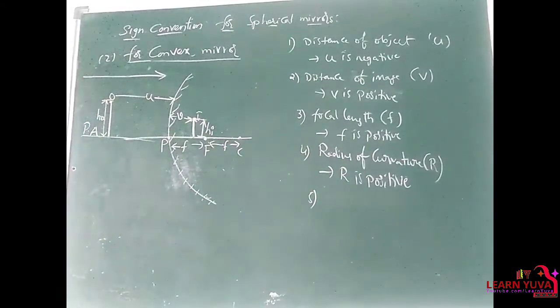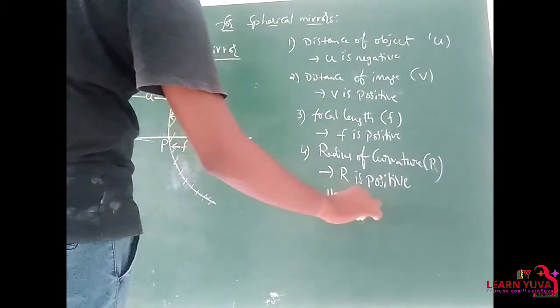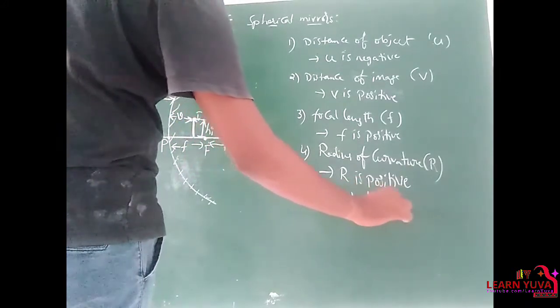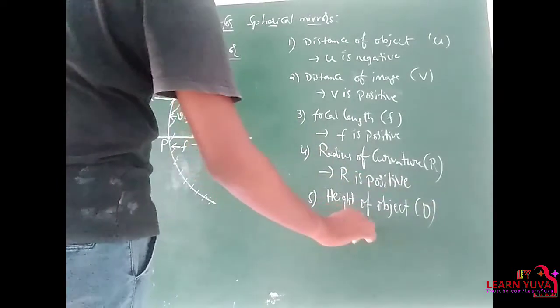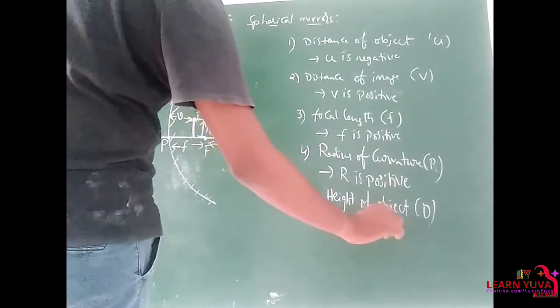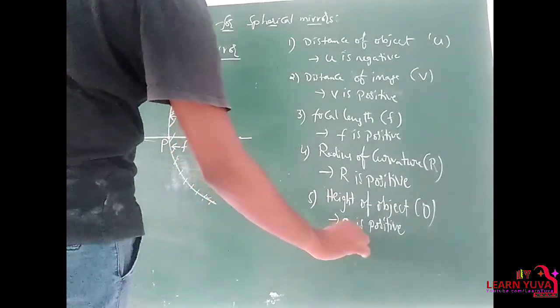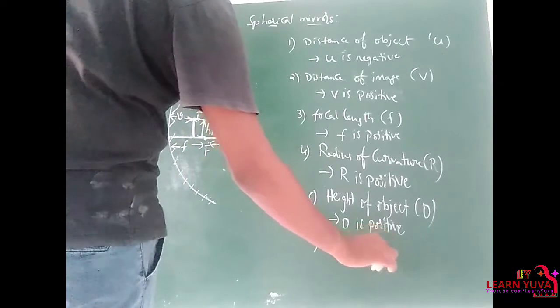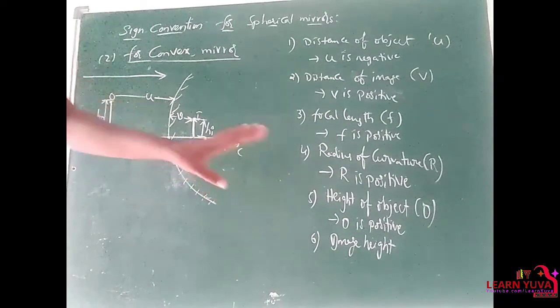Next, object height O is positive. Image height: remember, for this convex mirror, the images are always virtual images.